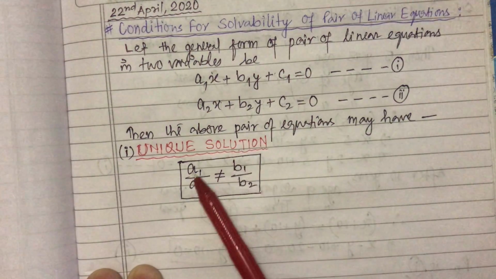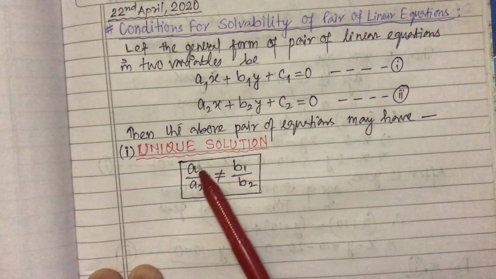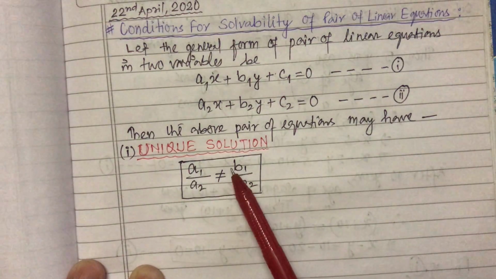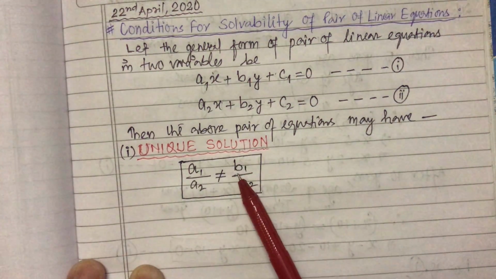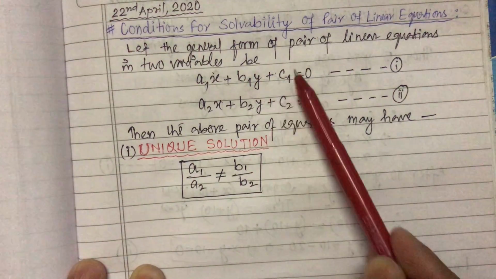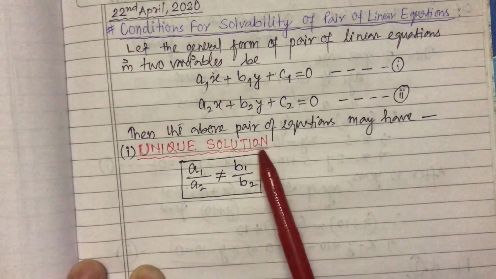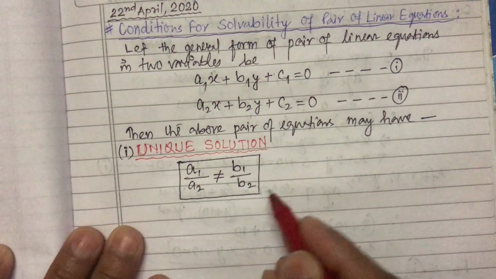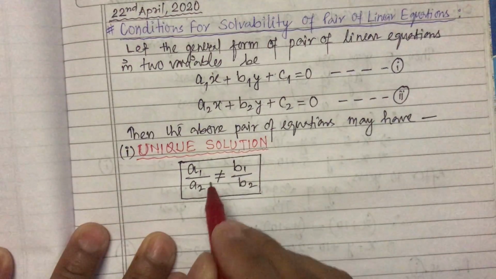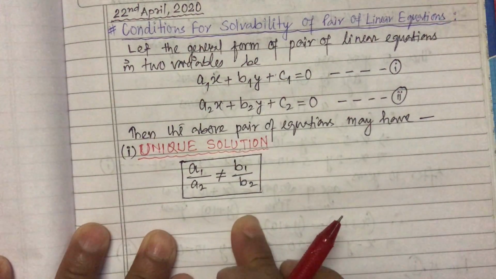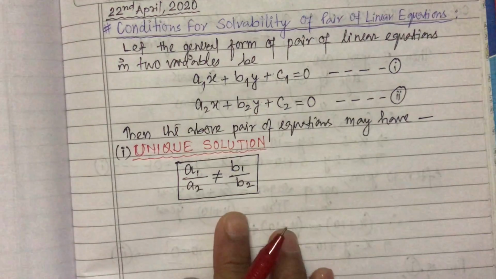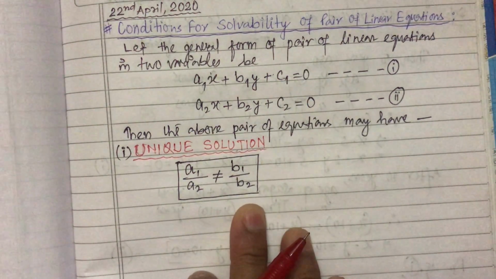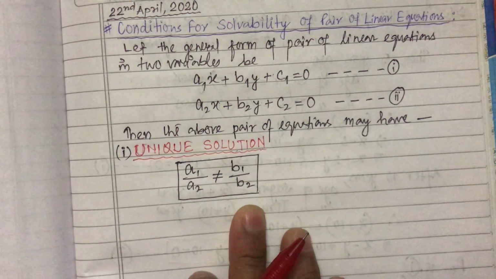So without using a graph, using this condition, I can tell that if I find this condition, then the given equations will have a unique solution. So this is the first condition. This unique solution, which we also discussed earlier, is also known as consistent equations.